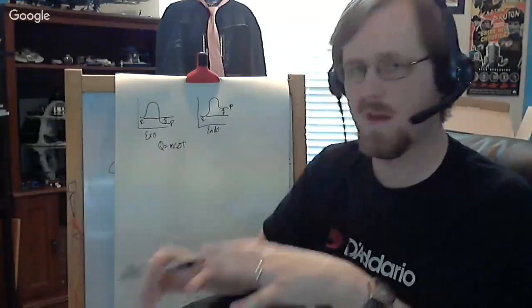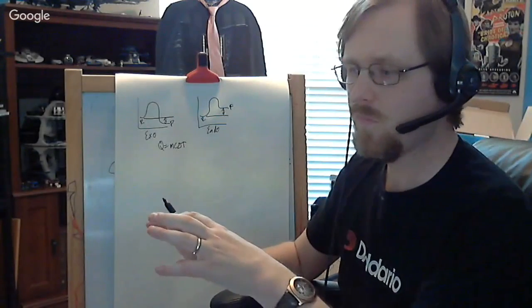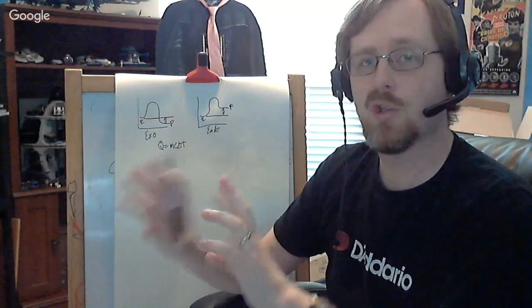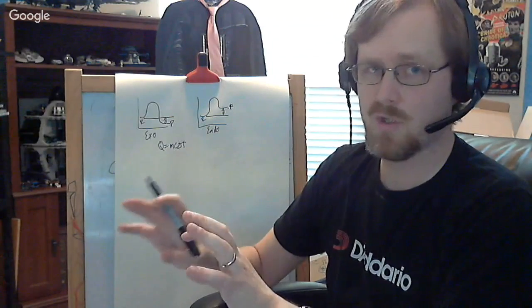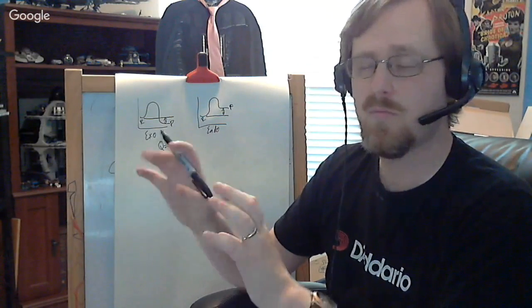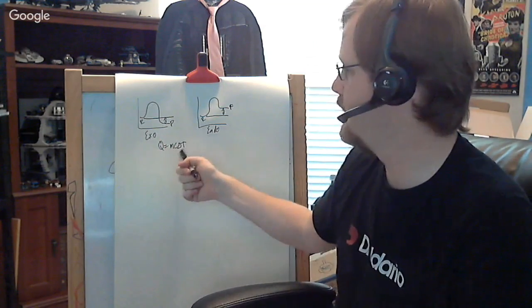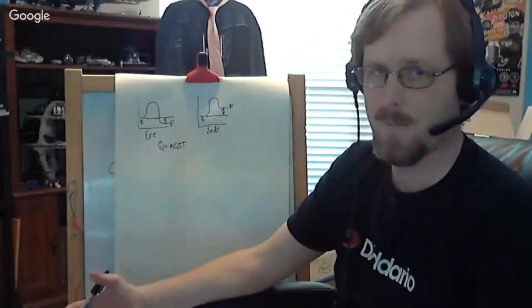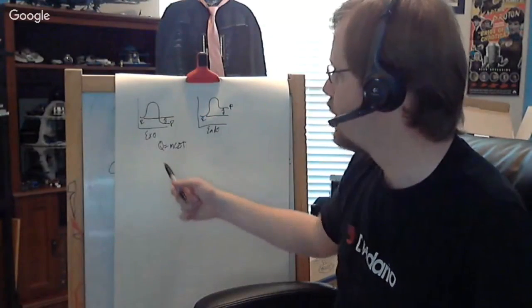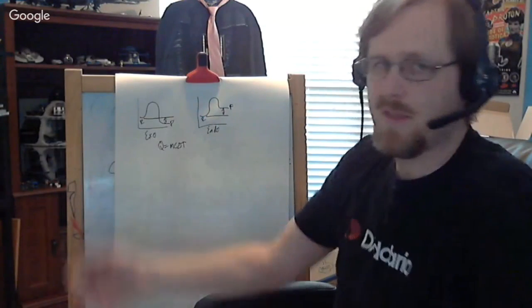So if there are two temperatures given to you, you must subtract the two in order to get your change in temperature. All right, so that's pretty much that equation.